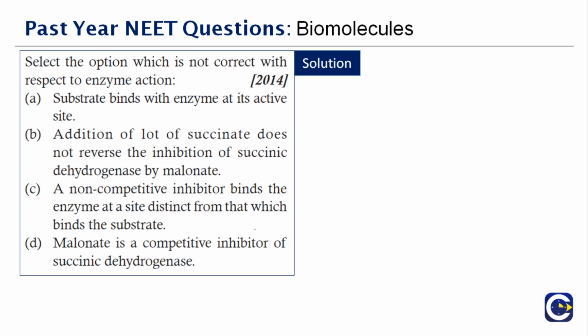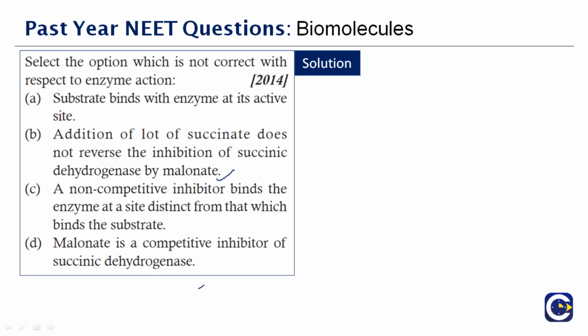Look at option B. Addition of lot of succinate does not reverse the inhibition of succinic dehydrogenase by malonate. So here if you see, option B is the wrong one, so option B is the right answer here.